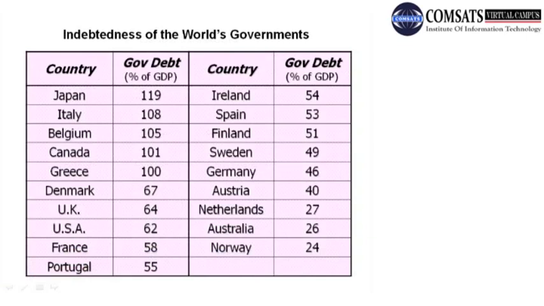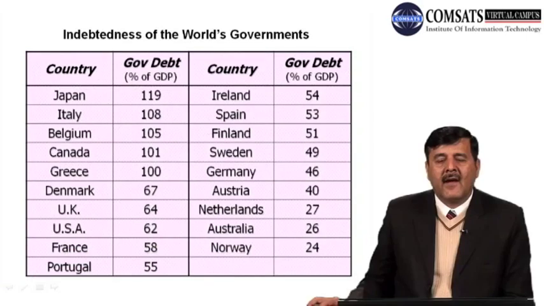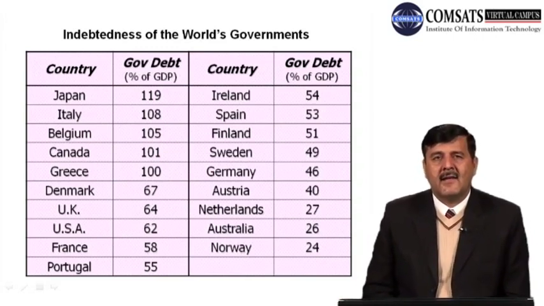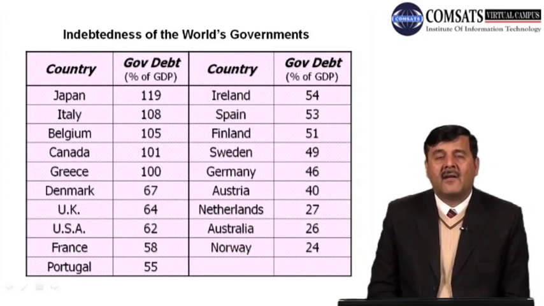Now we start with the first part. We'll see how we can analyze and compare the debt of different governments, different countries. This table tells us the indebtedness of the world's governments, what is the percentage of debt of different countries.